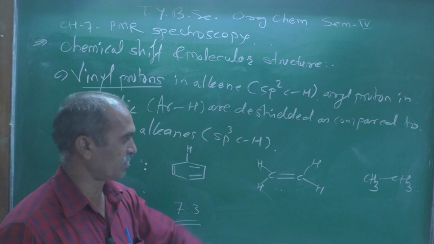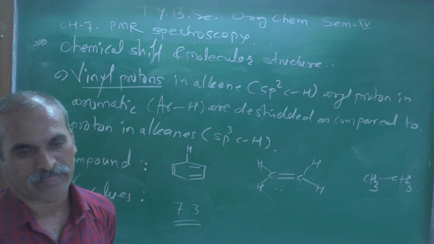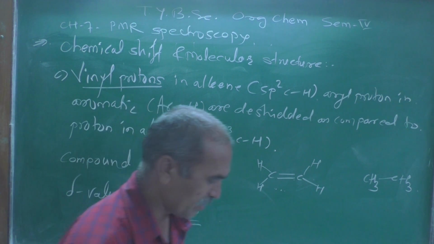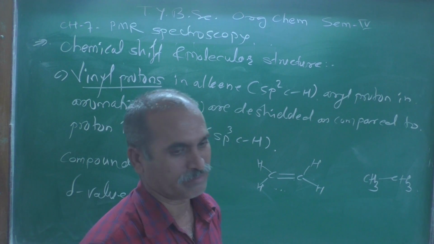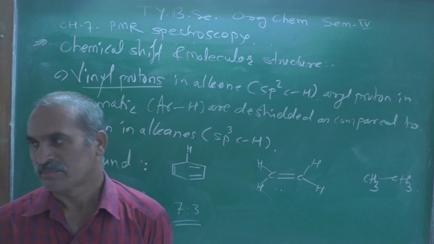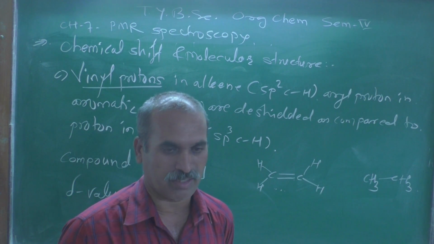Now move on to the next compound. This is a simple alkene family. Alkene means the suffix -ene, with the functional group carbon-carbon double bond.